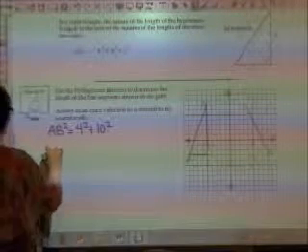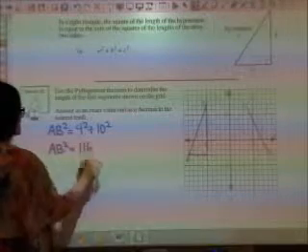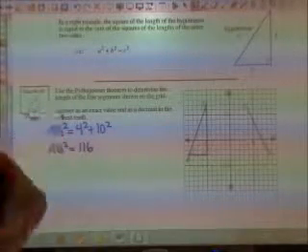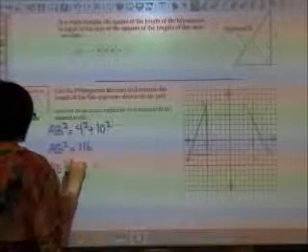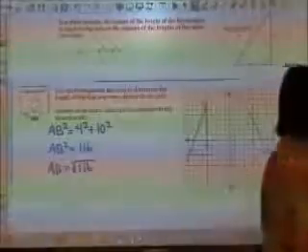So 4 squared is 16, 10 squared is 100. So I have that AB squared equals 116. We are asked to answer this as an exact value and as a decimal. So AB would equal the square root of 116.